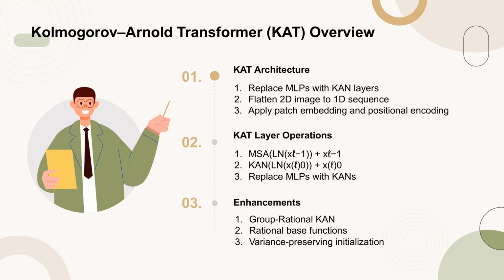At each layer, operations include multi-head self-attention, MSA, followed by layer normalization, LN, and the addition of the previous layer's output. The key enhancement in KAT is the replacement of MLPs with KANs, which involves using rational base functions and implementing a group rational KAN to share parameters among a group of edges. Additionally, a variance-preserving initialization scheme is introduced to ensure stable training.